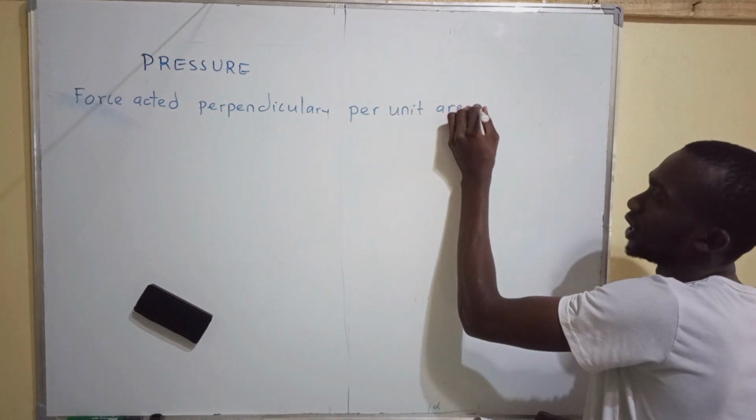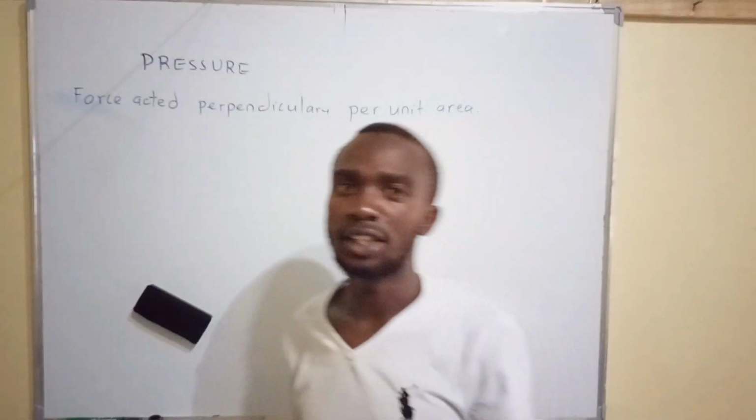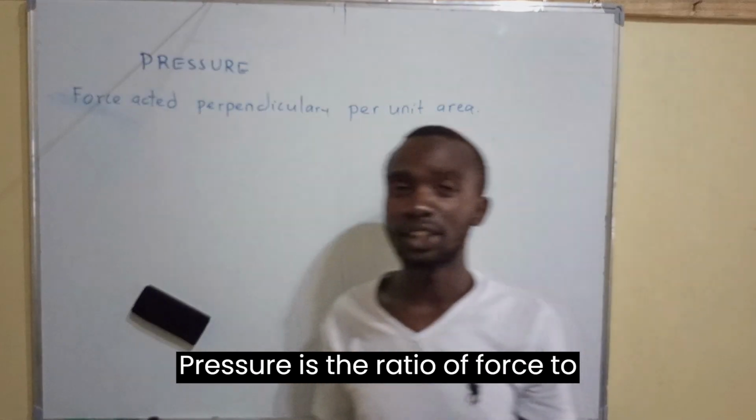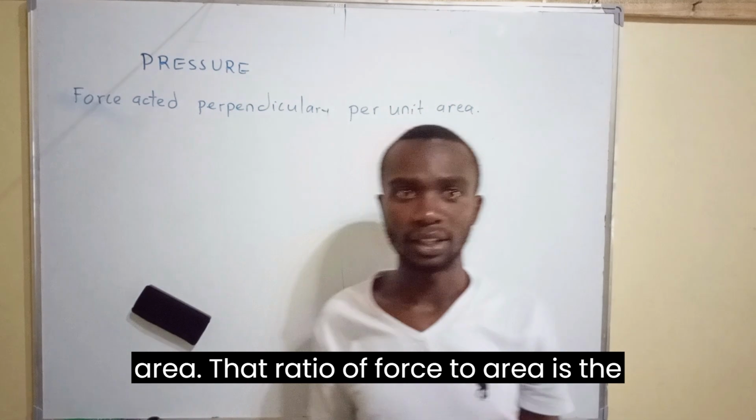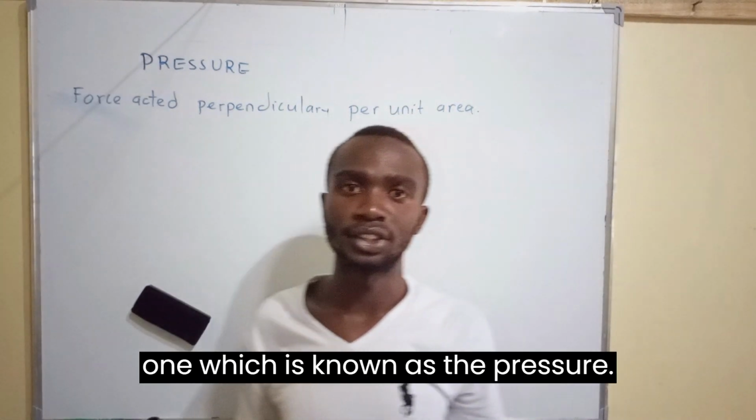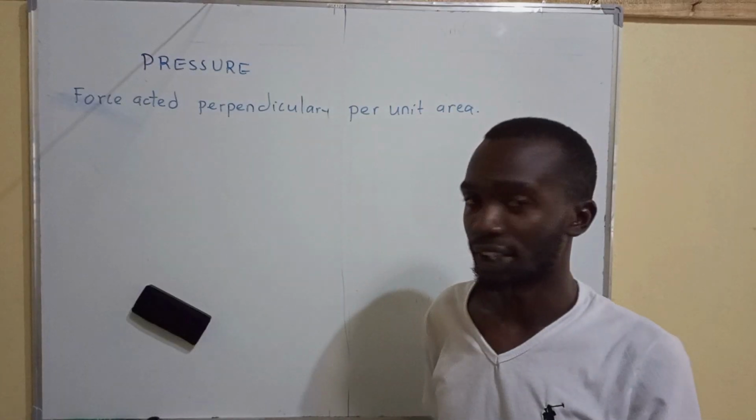So force acting perpendicularly per unit area. That means that pressure is the ratio of force to area. That ratio of force to area is what is known as pressure.